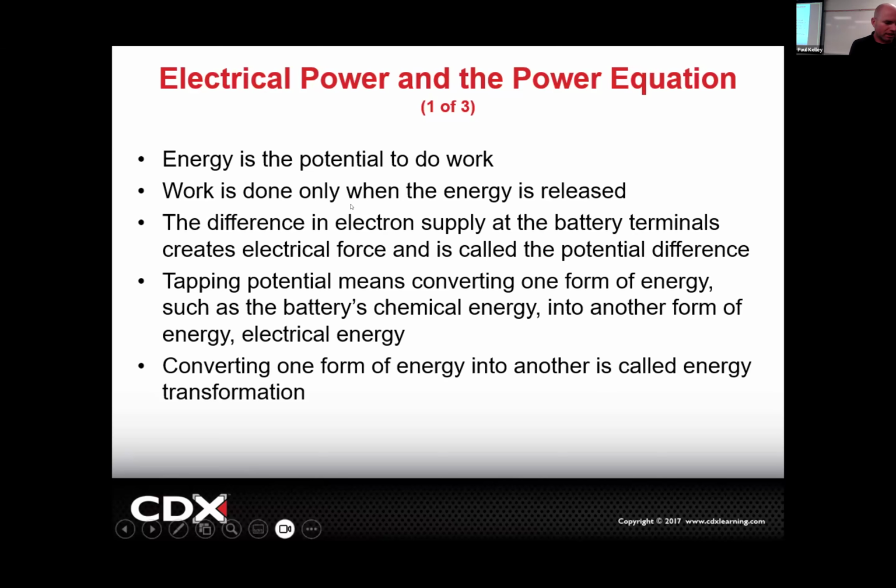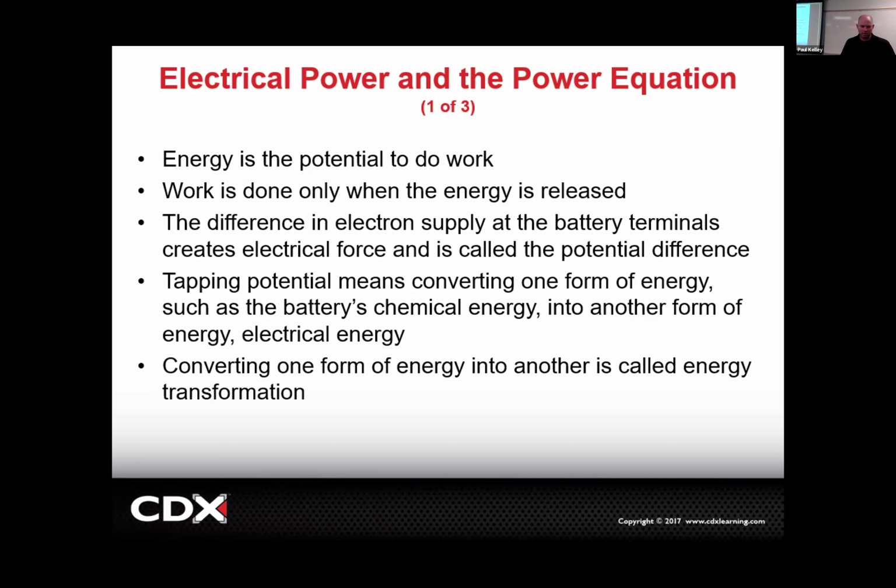And the difference between the electron supply at the battery terminals creates electrical force, which is called potential. Okay, now you're like, what? More terms? Voltage, potential, source. It's all the voltage difference across the battery.